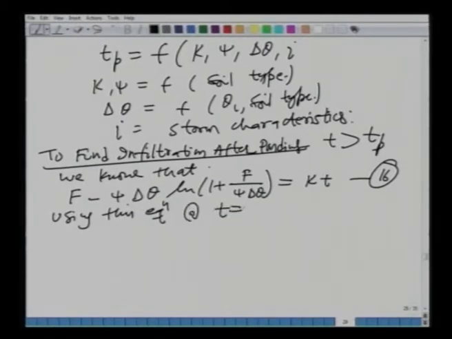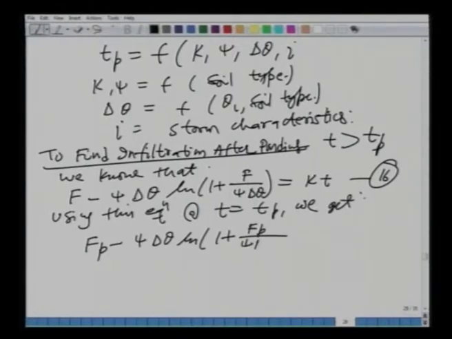At T is equal to Tp, your F is Fp, so we get Fp minus psi delta theta natural log of 1 plus Fp over psi delta theta is equal to k times Tp. Let me call this number 17.